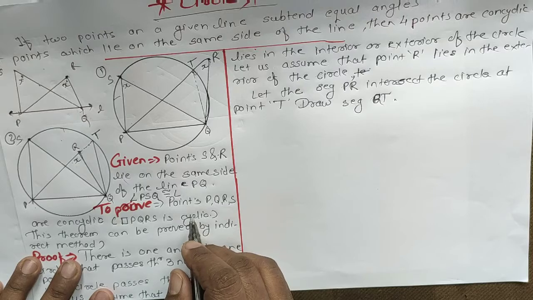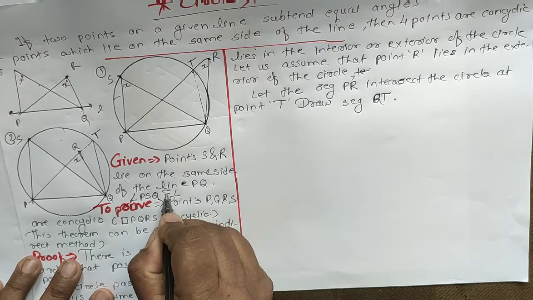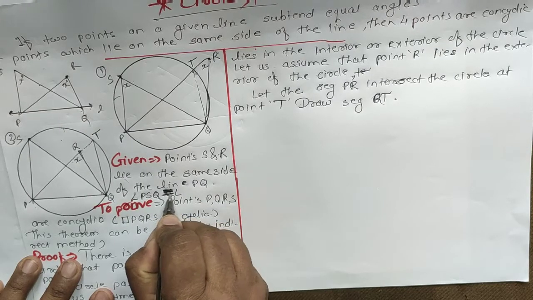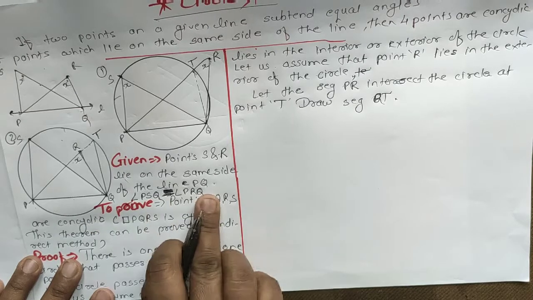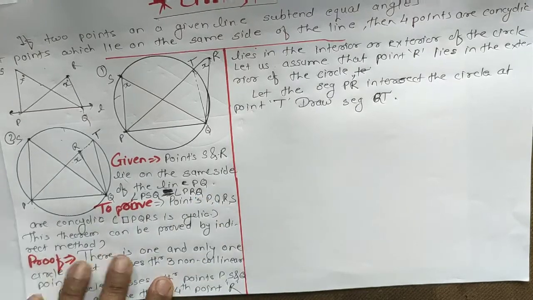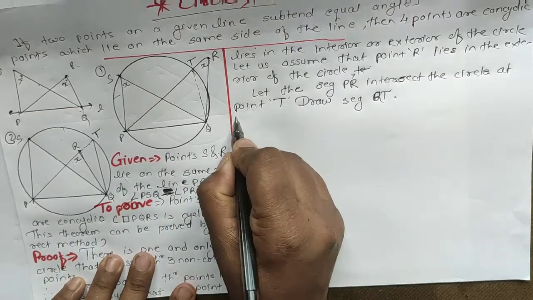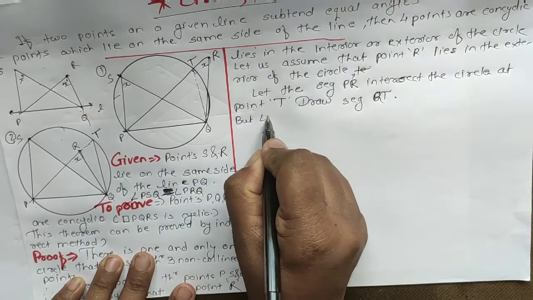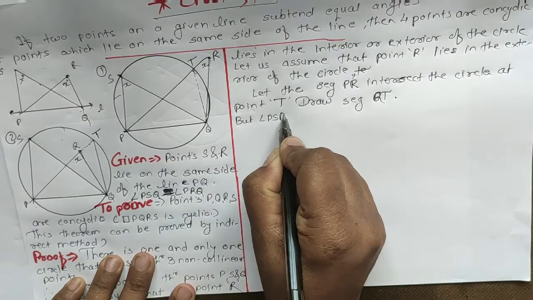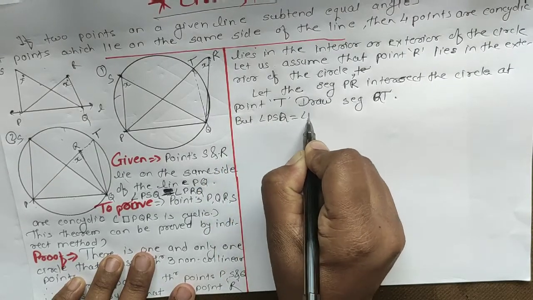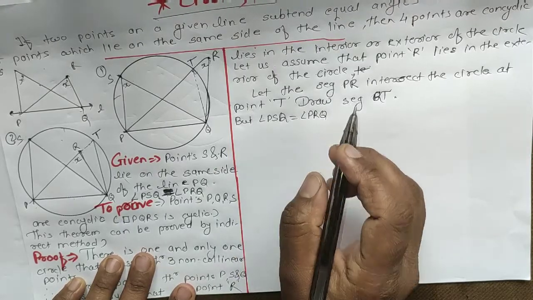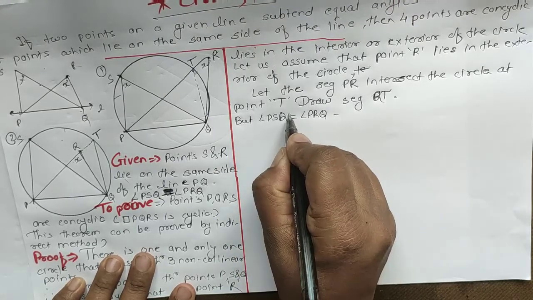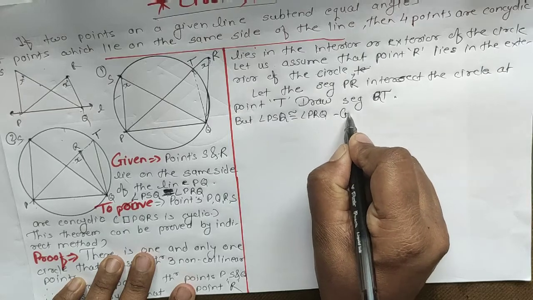But angle PSQ is equal to angle PRQ. If they are equal in measure, they are congruent to each other, and that's why we have to give the congruent sign here, and it is given.